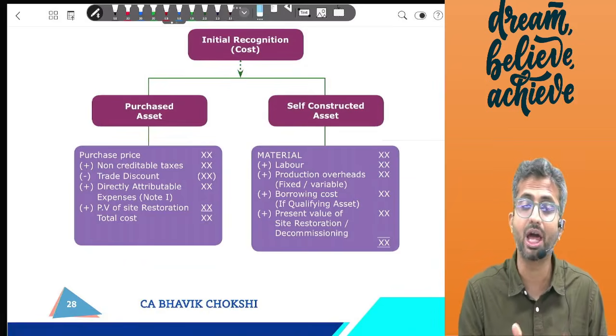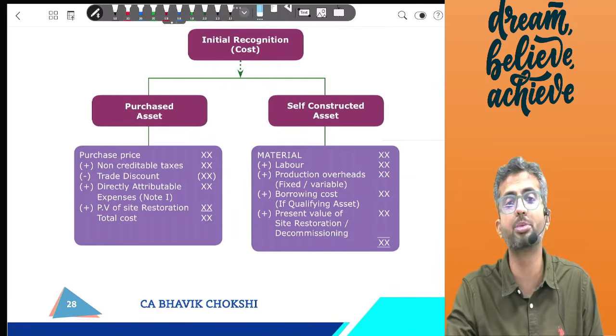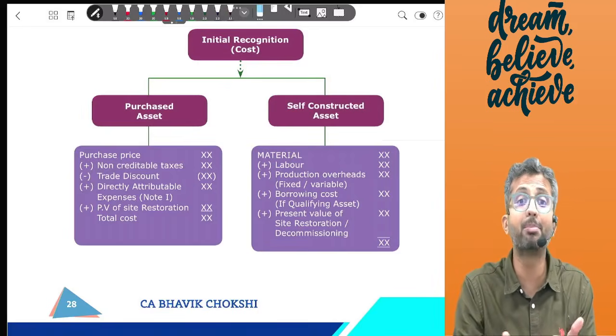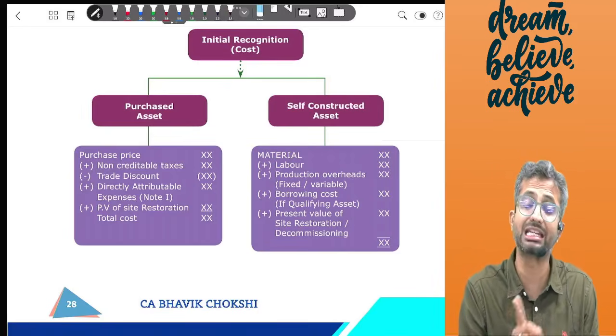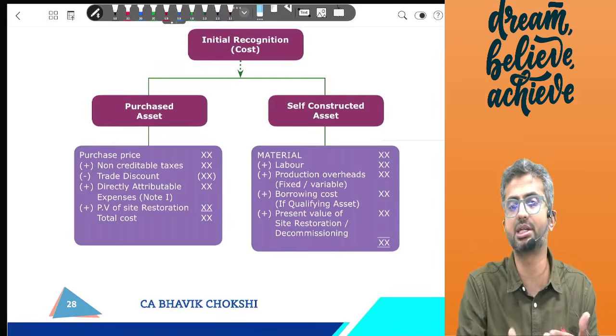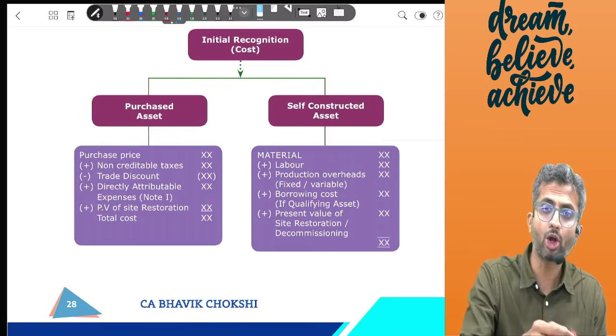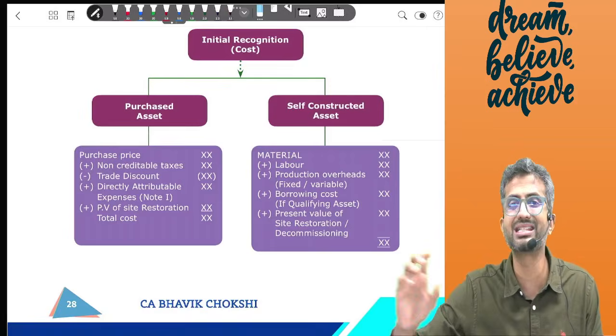What applies for directly attributable expenses should also be applicable for directly attributable incomes. Like for example, there may be pre-production testing. Now pre-production testing is necessary to get the asset in the ready to use condition and as a result it will be capitalized. But on testing you might get certain output and you might sell that output.